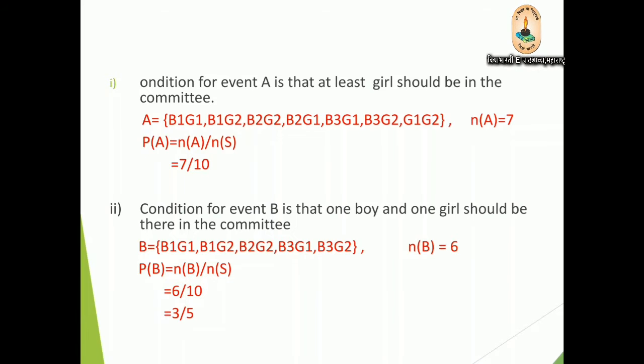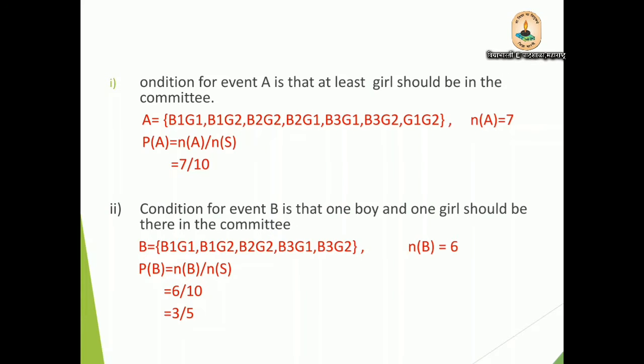Then from the sample space, we write the event B as B equal to curly bracket B1 G1, B1 G2, B2 G2, B3 G1, B3 G2. There are total 6 sample points in event B. Therefore n of B equal to 6.